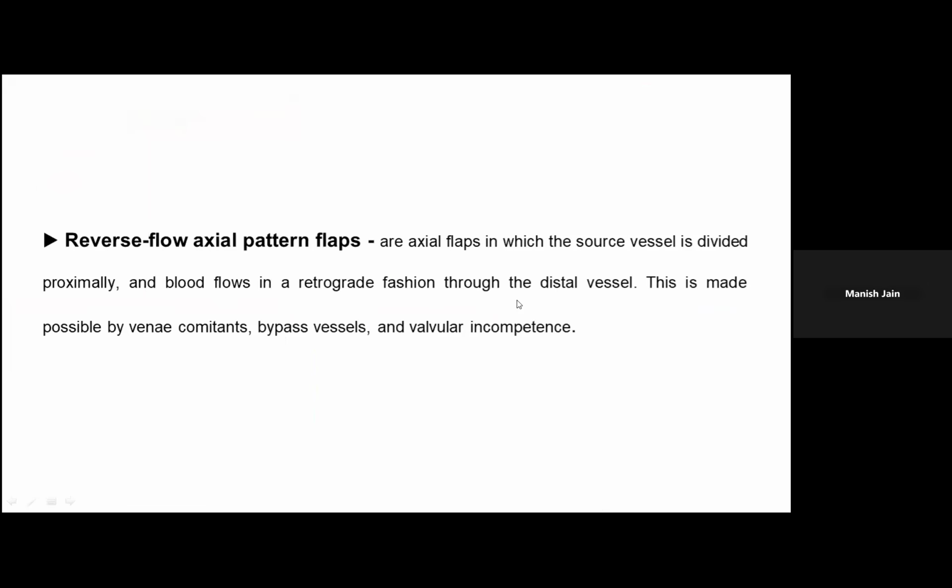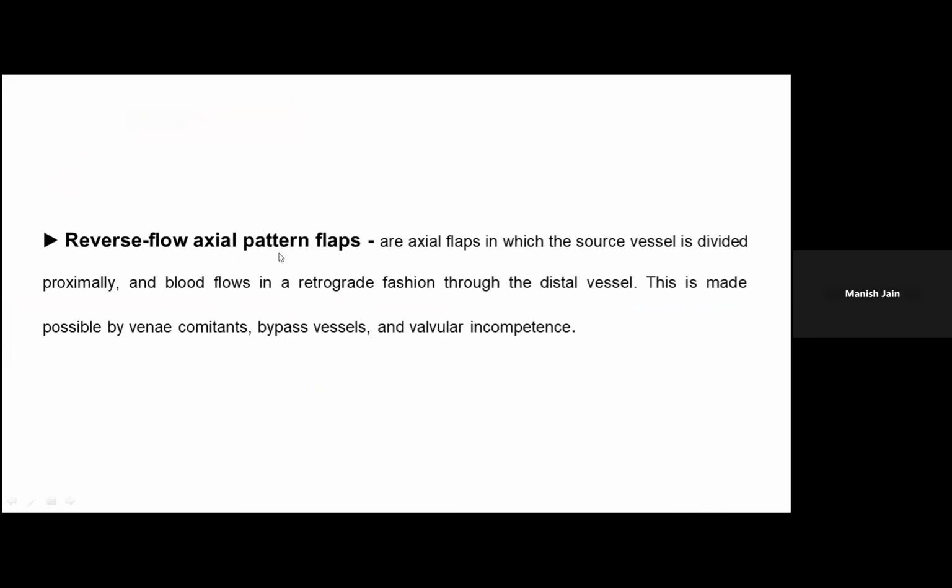One of the axial pattern flaps is the reverse flow axial pattern flap. This is a commonly used flap, but it is a savage flap, especially in foot reconstruction, where we use the axial pattern not from the direct flow, but from retrograde flow of blood coming from the arch to the flap.